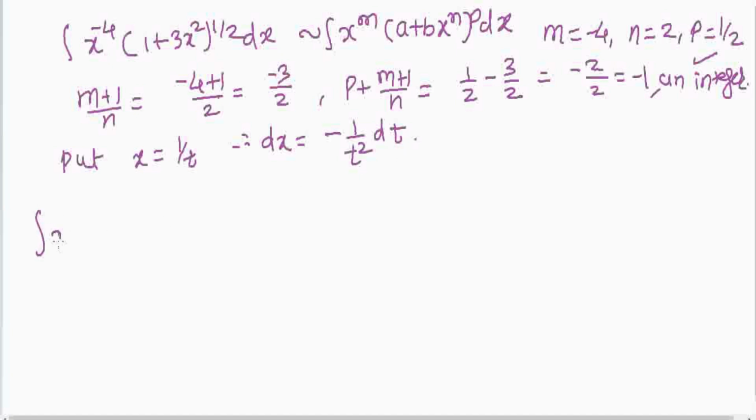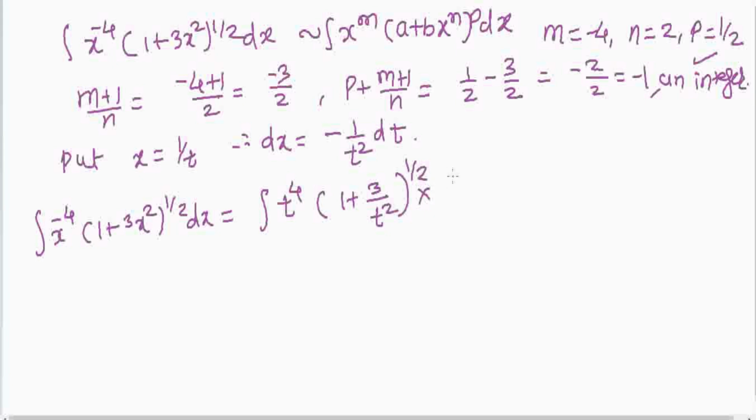Therefore x raised to minus 4 into (1 plus 3x square) whole raised to 1 by 2 into dx equal to 1 divided by x raised to minus 4, which means x raised to 4 in the denominator, gives us t raised to 4 into (1 plus 3 divided by t square) whole raised to 1 by 2 into minus 1 divided by t square into dt, equal to integration of t raised to 4 into ((t square plus 3) divided by t square) whole raised to 1 by 2, right?